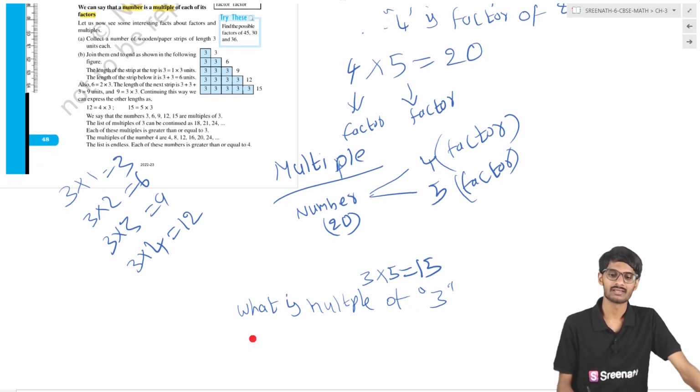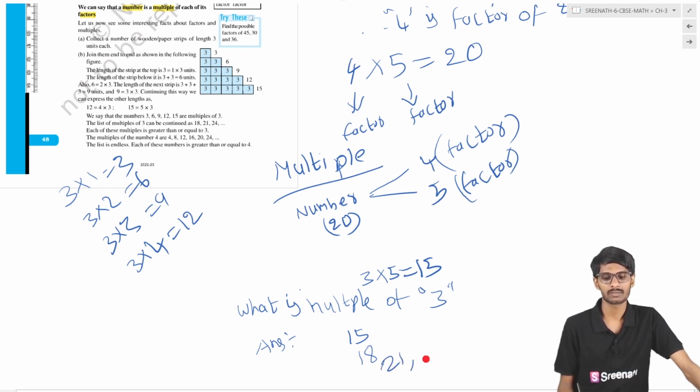The answer is 15, this is one multiple. So 18 is also one multiple, and 21 is also one multiple, and before it 12 is also a multiple, and 9 is also a multiple, 3 is also a multiple, 6 is also a multiple.